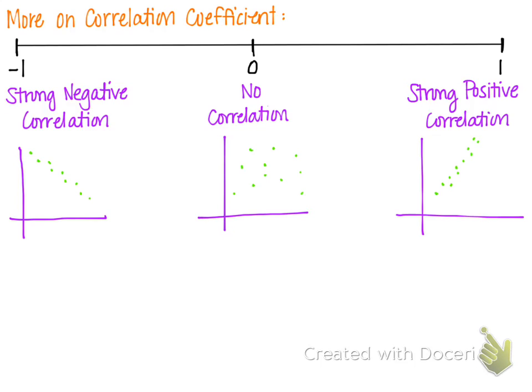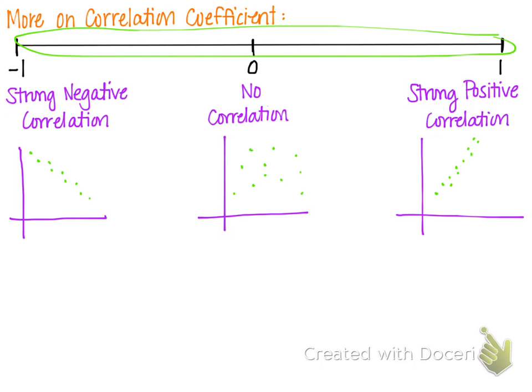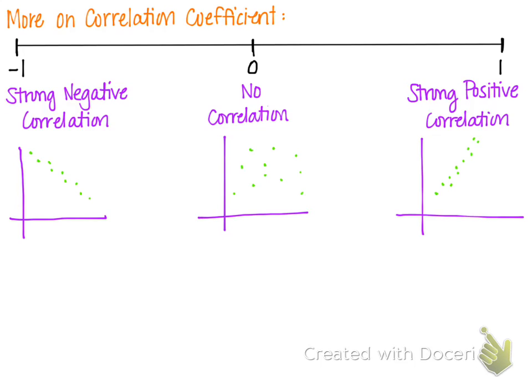Okay, so more on the correlation coefficient. We can think of it as a number that is between -1 and +1. So it's somewhere on this scale. Now, the closer it is to -1, so something like -0.83 or -0.9, your data looks like it's almost in a straight line with a negative slope.